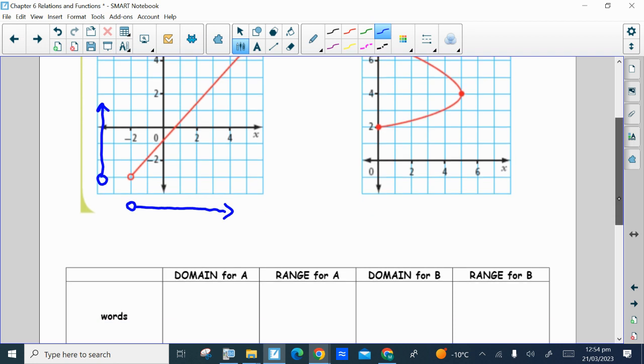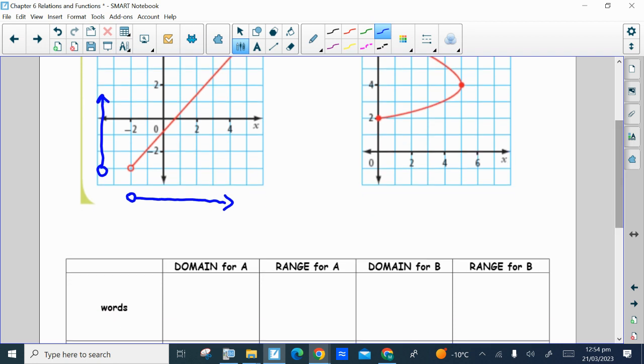So if we want to write these in our different forms, the domain for A would be all real numbers, because it's a line. That means it's continuous data. It means all fractions, all decimals, all integers, all real numbers greater than -2. There's the domain written in words.